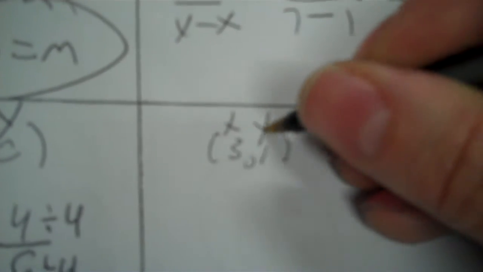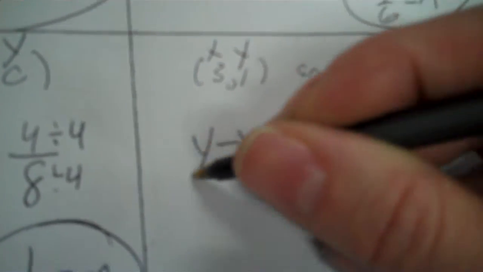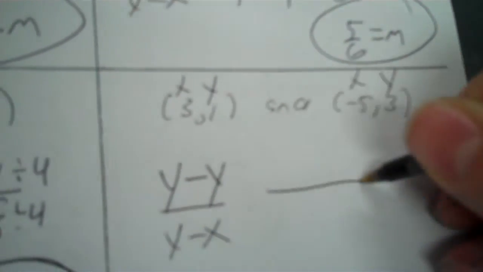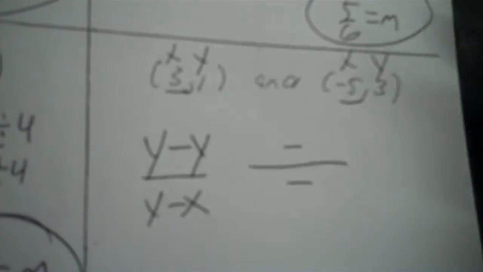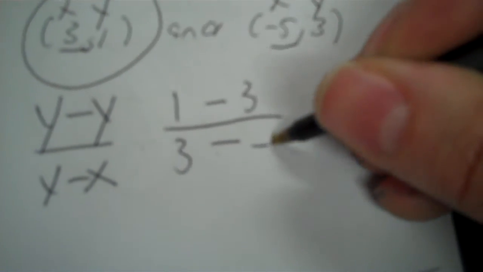Okay, 3, 1, and -5, 3. Okay, now I get a 3 and a -5, so 3 is higher, so it's 1 over 3, and then 3 over -5.